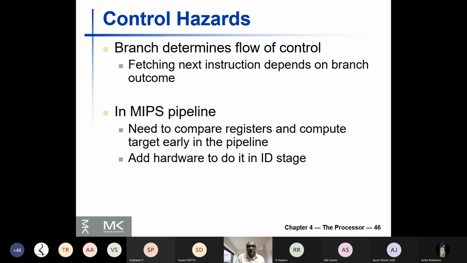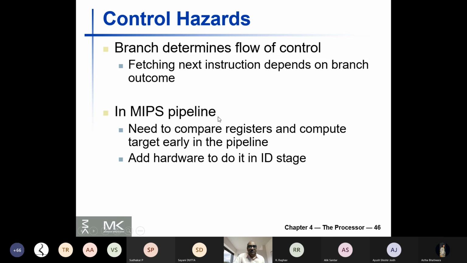But if it is taken, then the instruction to be fed into the pipeline will be different, right? So that's where we have problems in execution of these control statements. That arises the issues in the pipeline. So we need to see how we avoid or minimize these hazards.